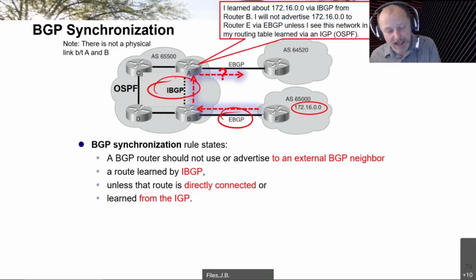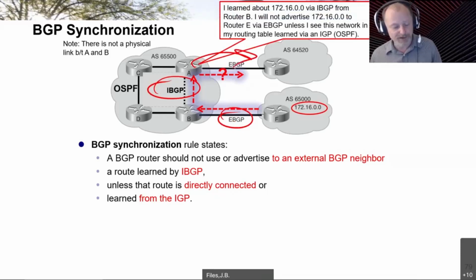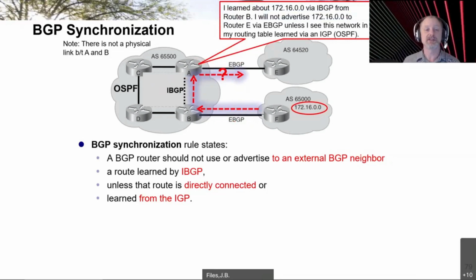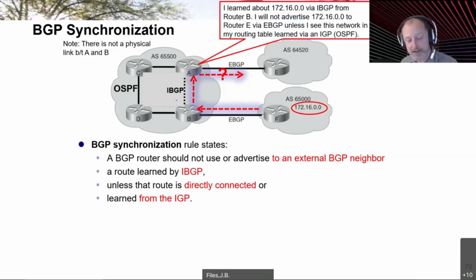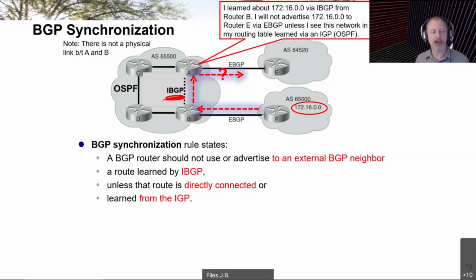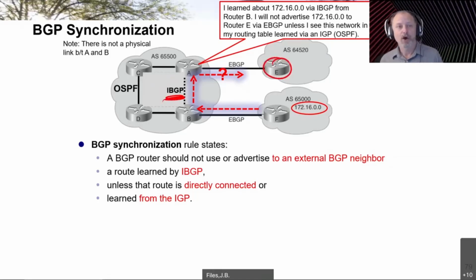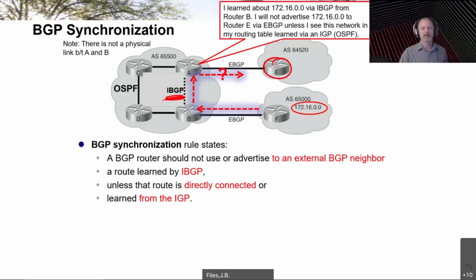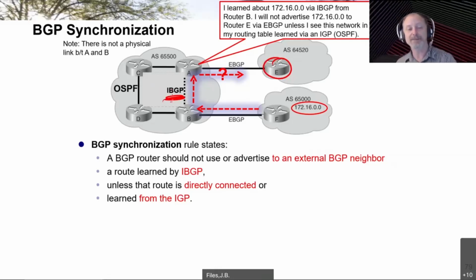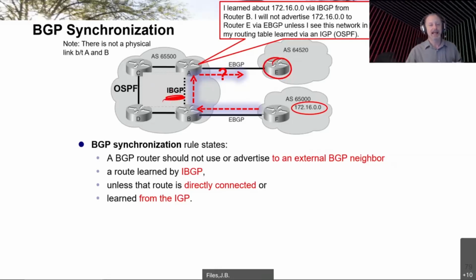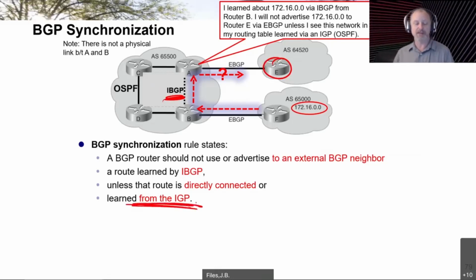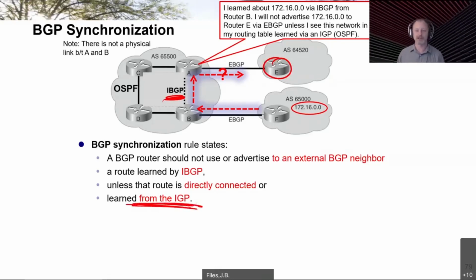Router A says, I learned about the 172.16 via iBGP, but should I advertise it to router E? I'm not going to, because I learned about it via iBGP, and yet it is not in my IGP routing table. OSPF doesn't know about it.